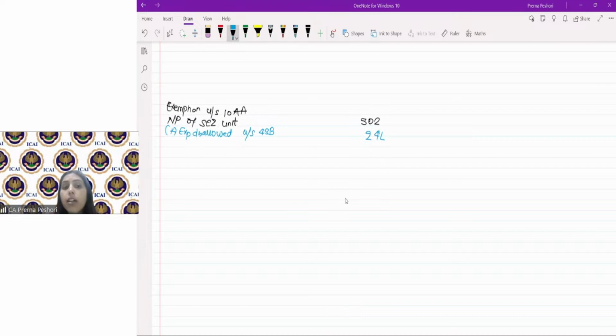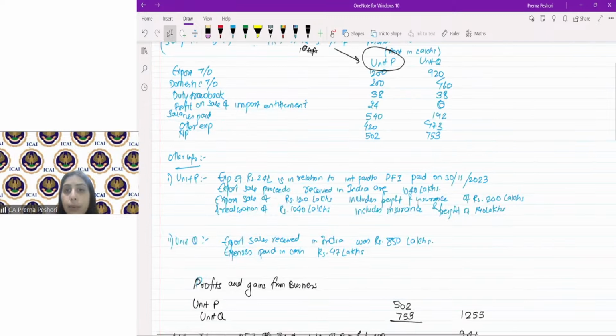Let's go to the other information which is given. What is mentioned over here in the unit P, the export sale proceeds received in India are 1040 lakh. Export sale of 1200 lakhs includes the freight and insurance of 200 lakh and realization of 1040 lakh.